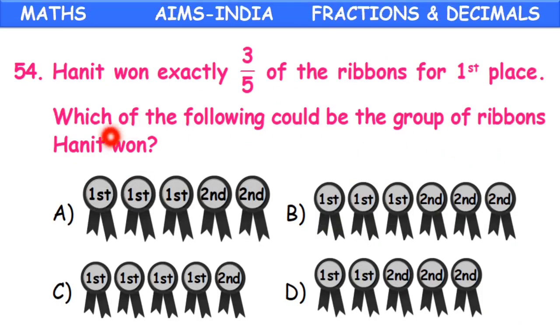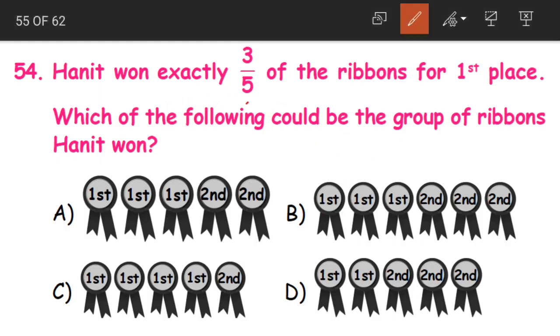Next, question 54. Hanit won exactly 3 by 5 of the ribbons for first place. Which of the following could be the group of ribbons Hanit won? What are they saying? Hanit here won a few ribbons, out of which 3 by 5 are for first place.